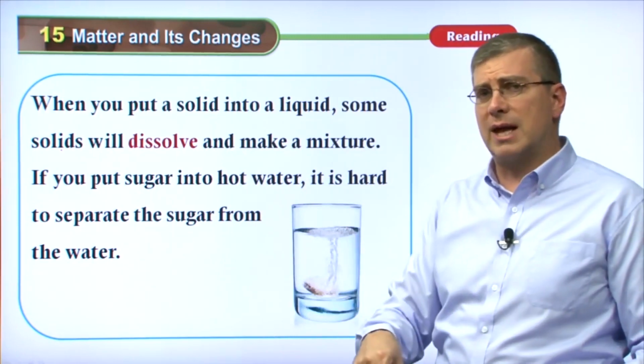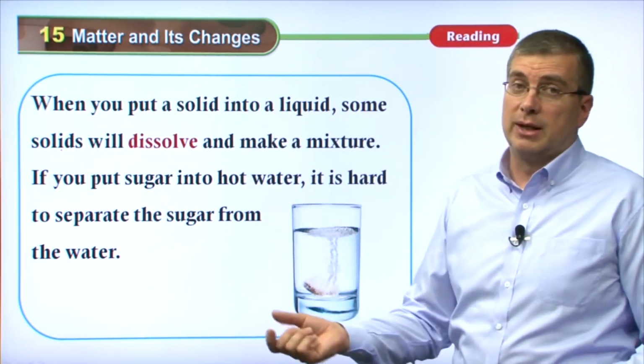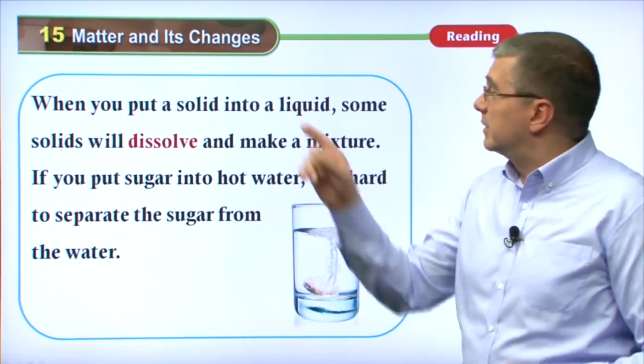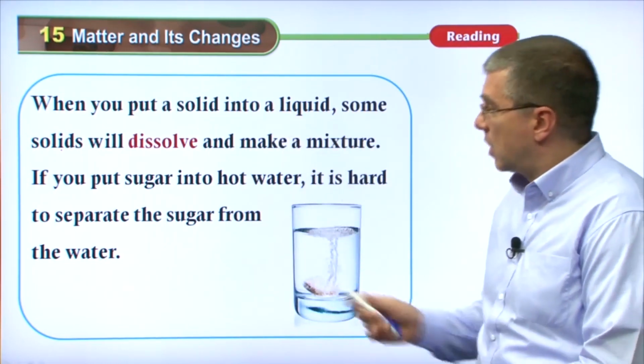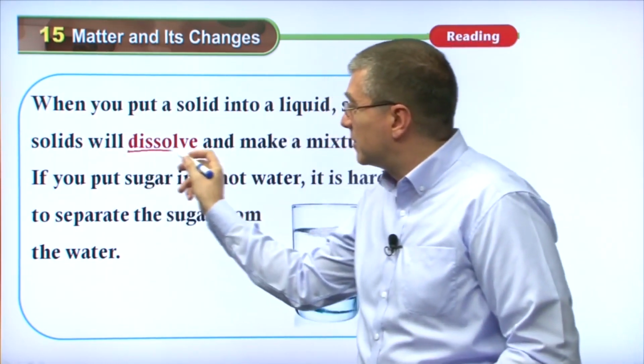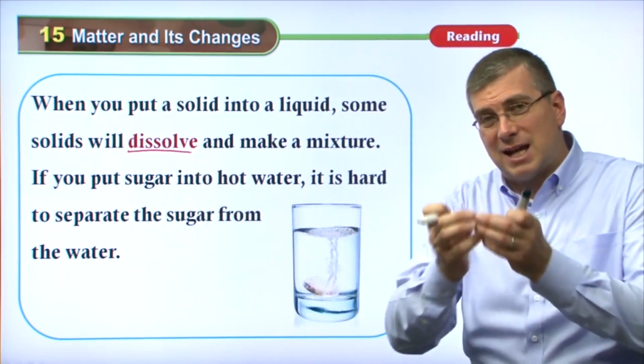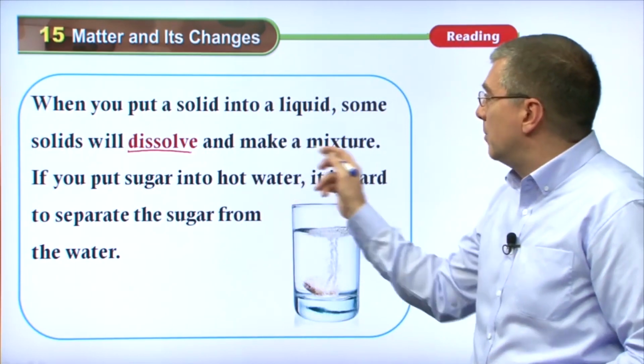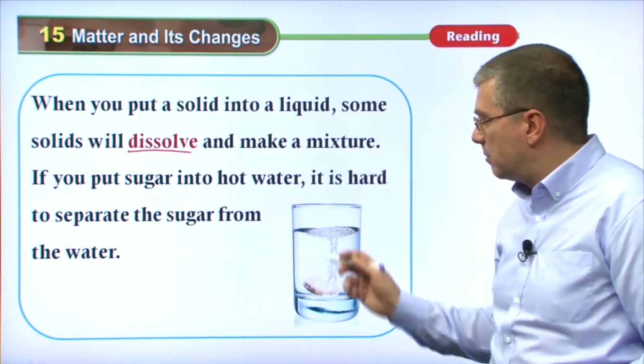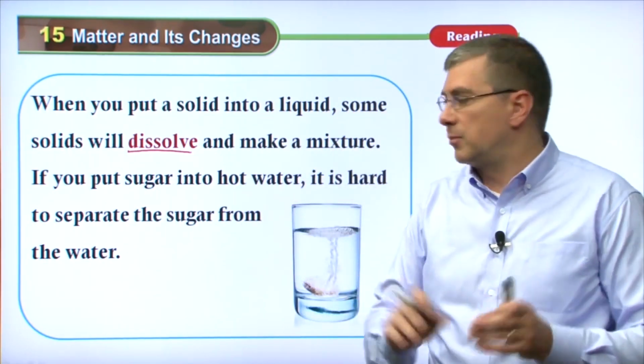If you put a rock into a glass of water, you can still separate it. It doesn't dissolve. But some solids will dissolve, okay? So if it dissolves, it breaks down its structure, its shape. It seems to disappear. It will make a mixture, right? Then you have a mixture that you cannot separate, right?